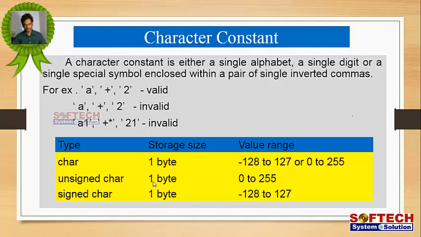That is, it occupies 8 bits to store values. In the signed case it uses 7 bits for value and the first bit as sign bit, so the range is -128 to +127. For unsigned character it is 0 to 255. Signed character is equivalent to character, because character is signed by default.